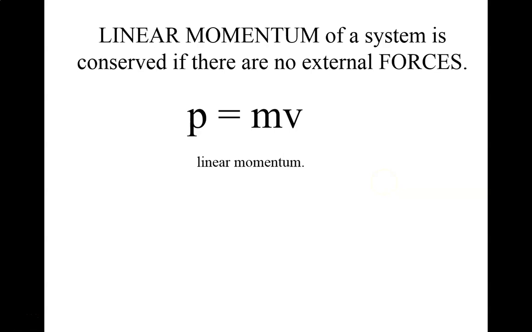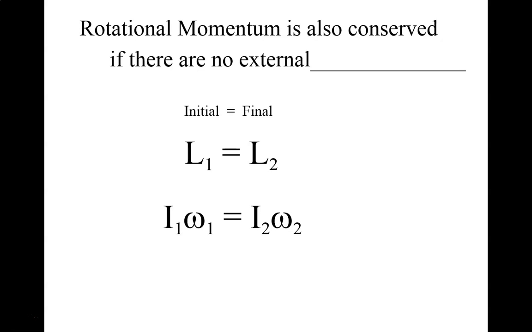Now, linear momentum is conserved if there's no outside forces. Rotational momentum is conserved as long as there's no outside or external torques. Another way we can say that is, if something is conserved, your initial equals your final. L, remember, is the symbol for rotational momentum.